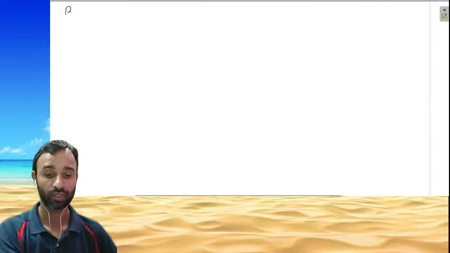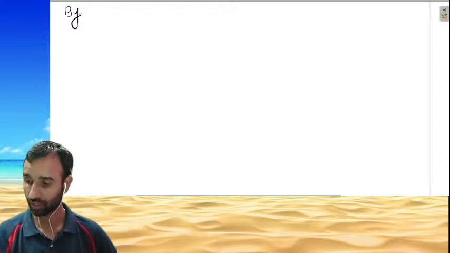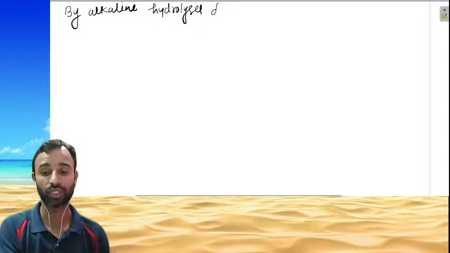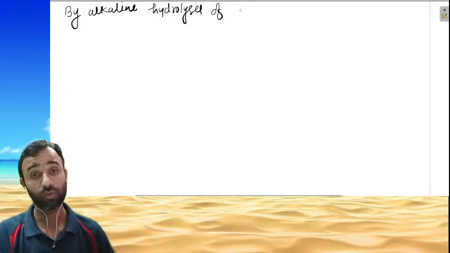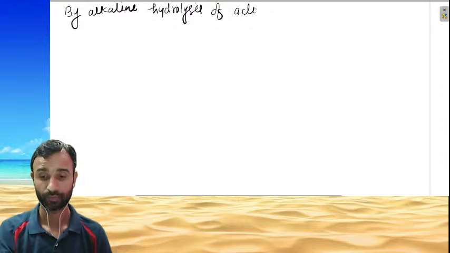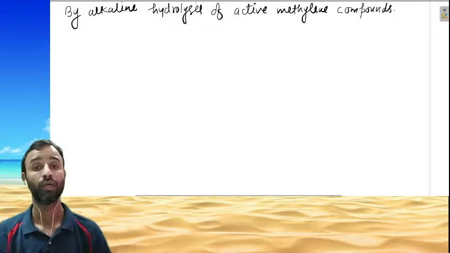Now next is, very good, Basant. Good. By alkaline hydrolysis of compounds containing active methylene group, or we can say active methylene compounds.